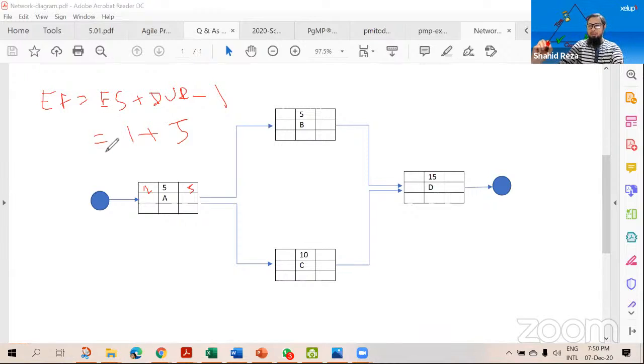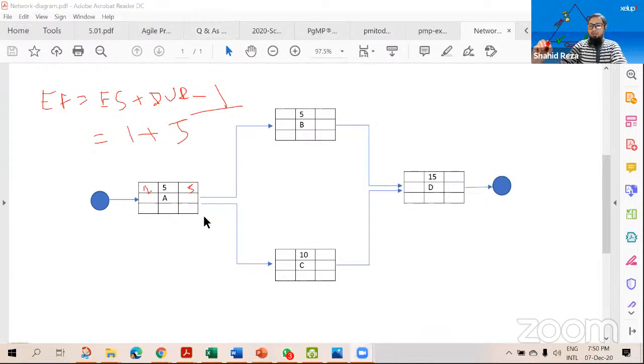But this is one way of doing this. There is another way, which is not mentioned in PMBOK, but you can use it. In that case there is no minus. Early start is 0 and the early finish date is 0 plus 5 equal to 5. 0 means first day and 5 means 5th day. We are not going there, because we are trying to follow the PMBOK way.